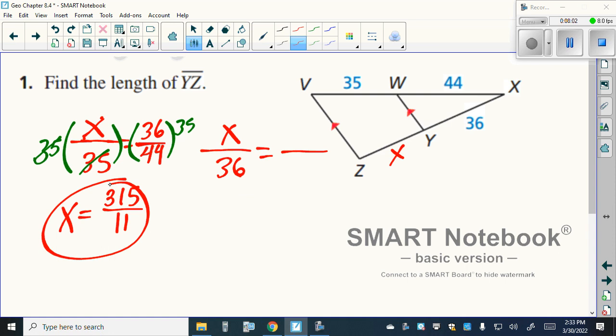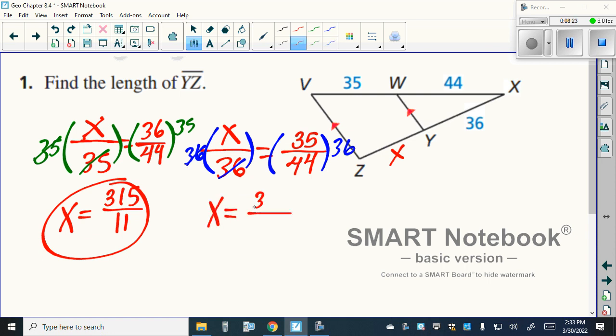Now for the other one, x over 36 would be 35 over 44, yes? Now what are we going to multiply both sides by? Well, here the 36 and 36 will cancel, yes? 315 over.